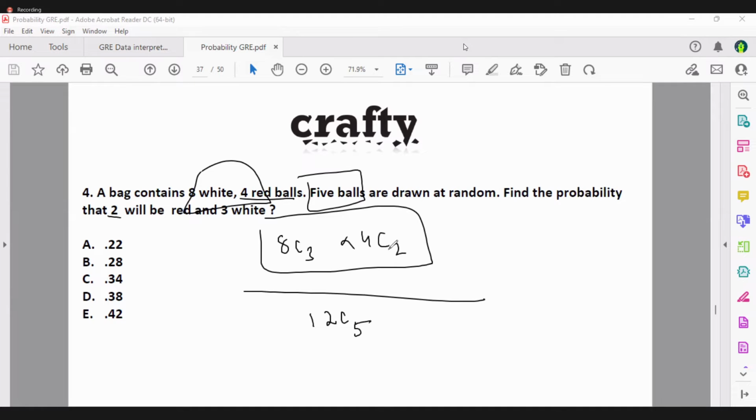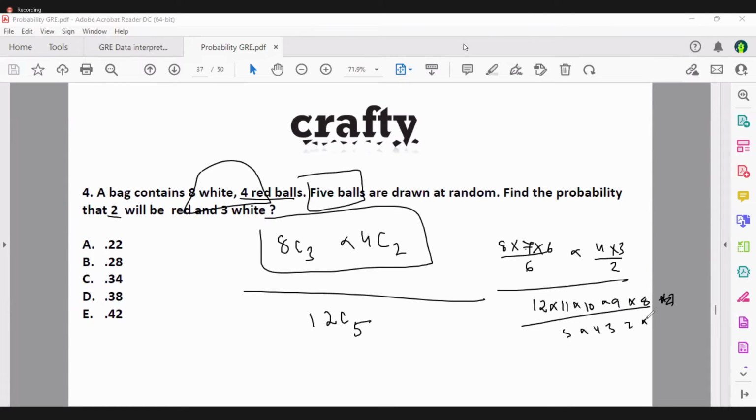So 8C3 is 8 times 7 times 6 over 3 times 2 times 1, which is basically 6 only. And 4C2 would be 4 times 3 over 2, all over 12, 11, 10, 9, 8, upon 5, 4, 3, 2, 1.